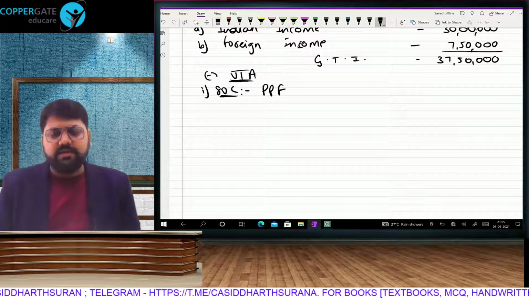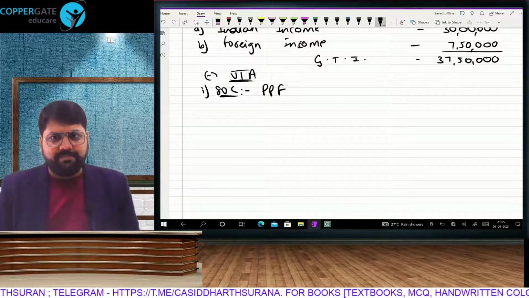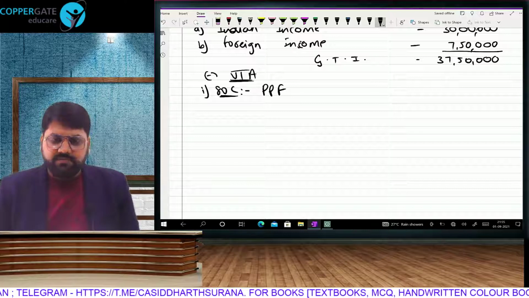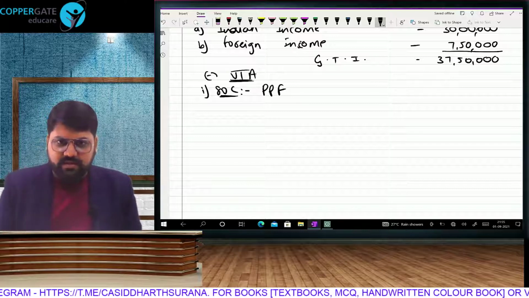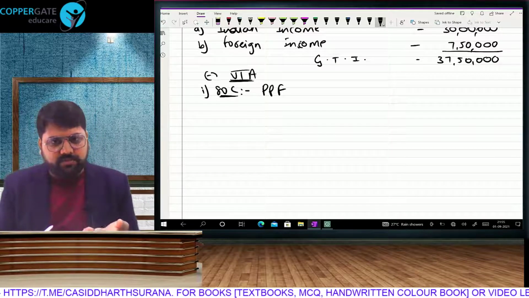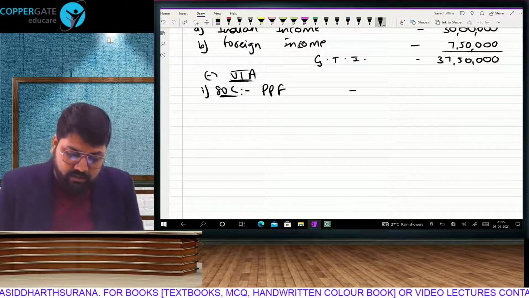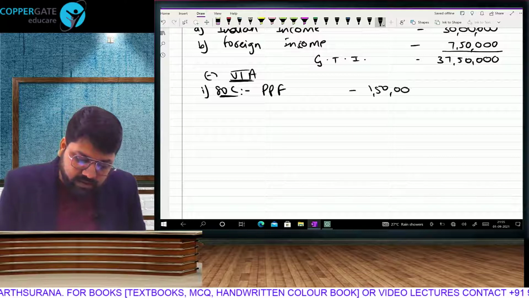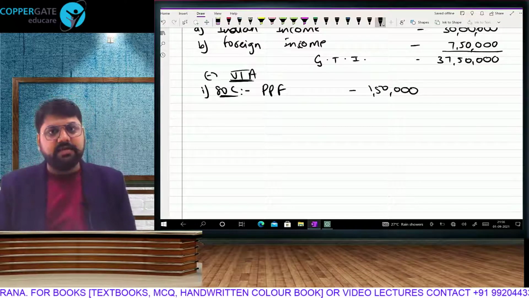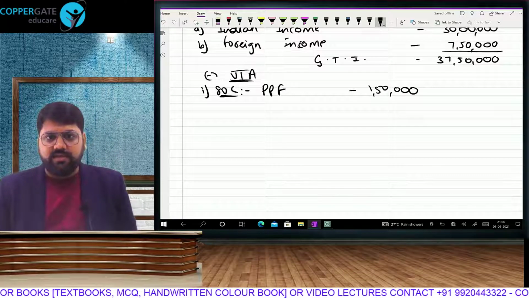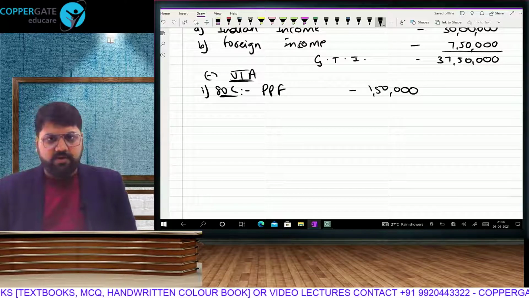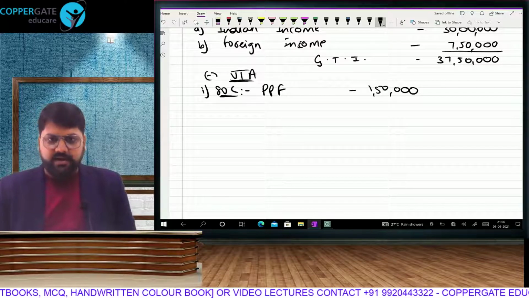And in this question, how much contribution has been made by Mr. Kalpesh Kumar? 150, which is also within the limit. Had it been multiple contributions, say 2 lakh rupees, we would have restricted it to 150. So you cannot answer this question without knowing the maximum limit. It's a mere coincidence that his 1,50,000 is also within the limit. So we will make him eligible for the entire deduction. That is our 80C deduction.